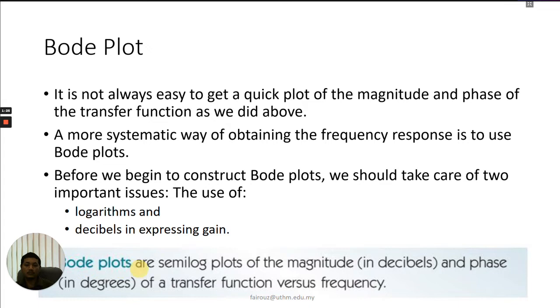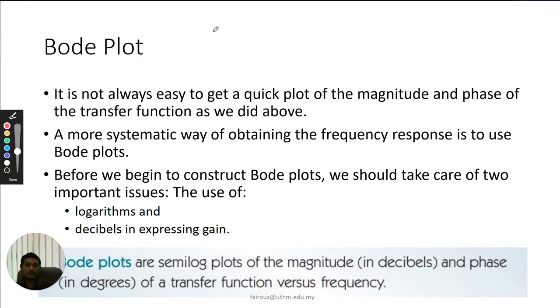Bode plots are semi-log plots. Semi-log means that one axis is in log scale and the other is in linear scale. We plot the magnitude in decibels (dB) and the phase in degrees of a transfer function versus the frequency.